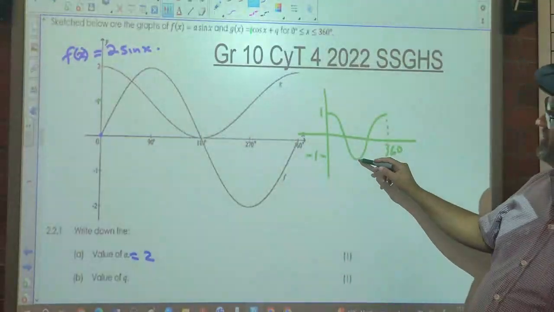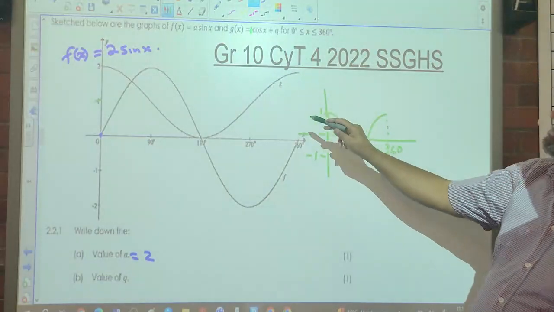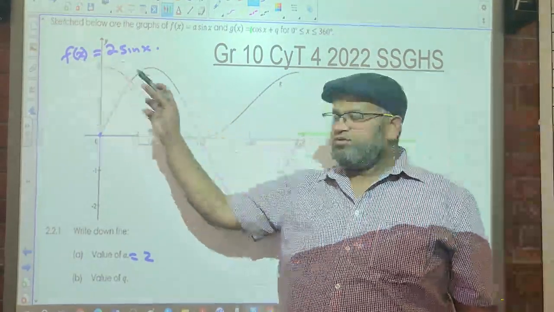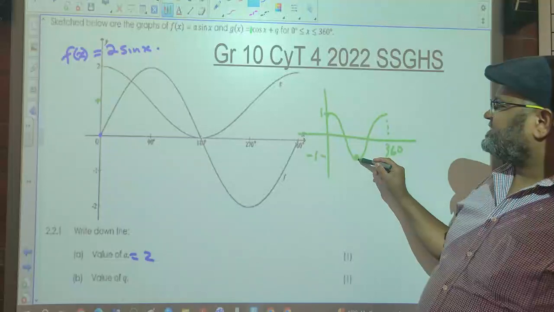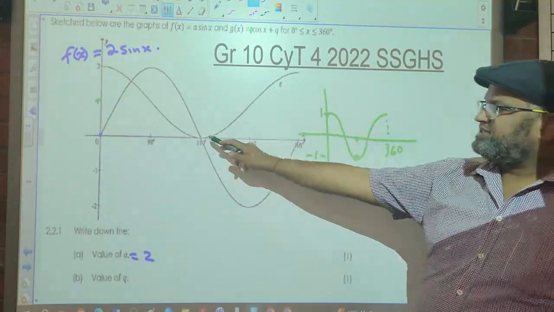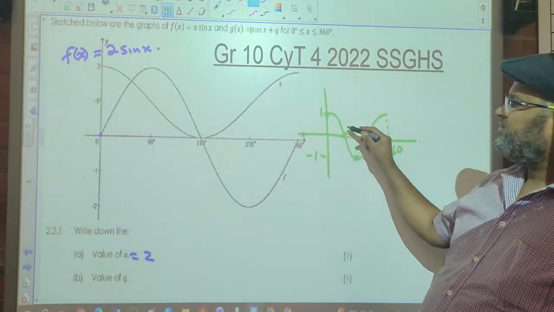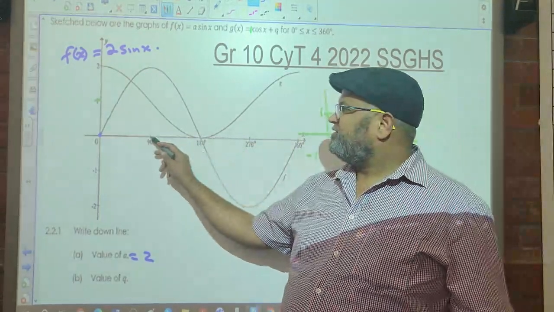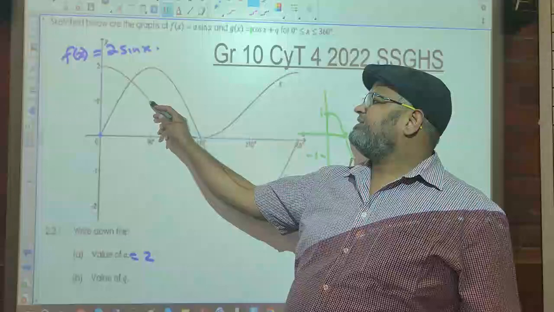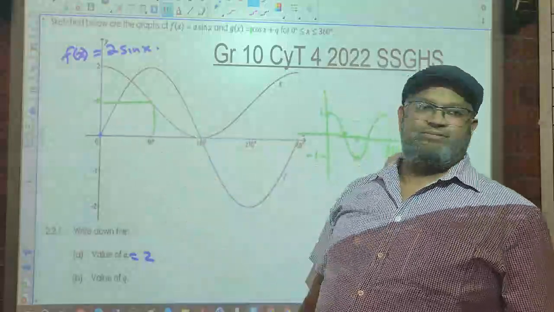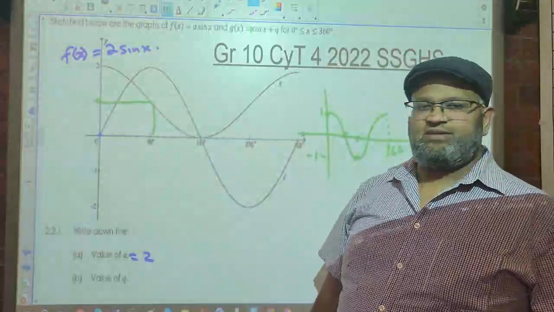But what do you notice about this graph? That is normally at 1, but now it's at 2. This is normally at negative 1, but now it's at 0. This is normally at 0, but now it's at 1. 90 is at 1. Can you see that?